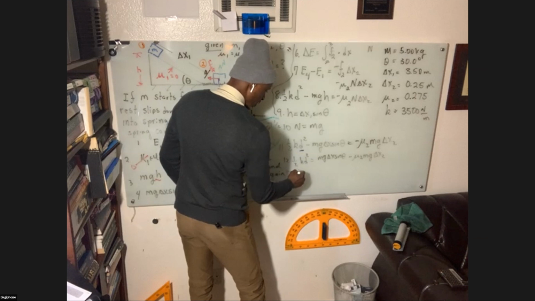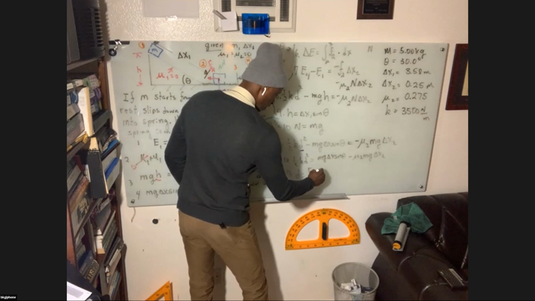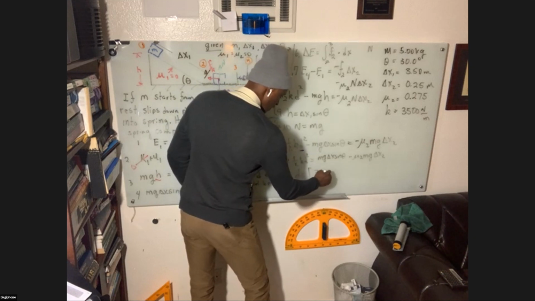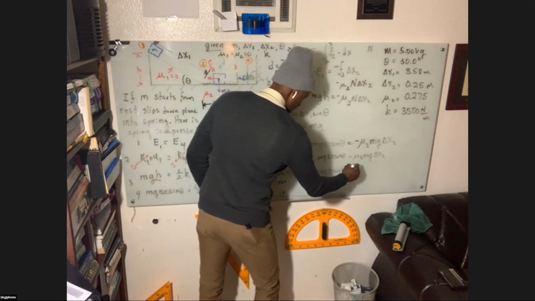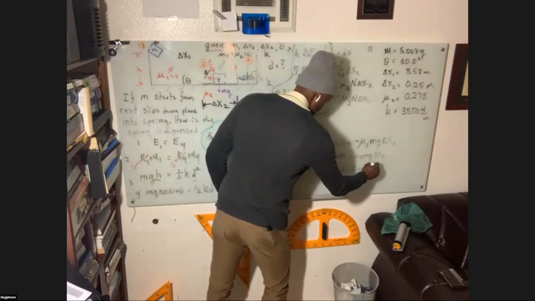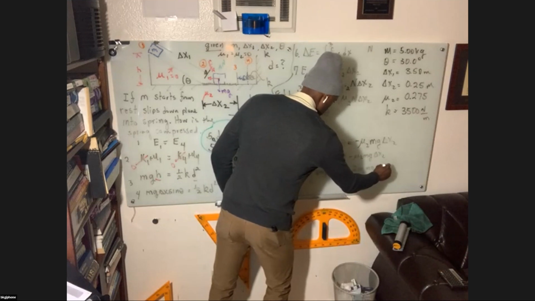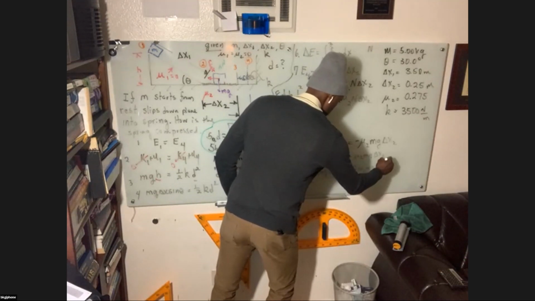So D is equal to, I have to take the square root, so it's 2 mg delta x sine theta minus 2 mu2 mg delta x2, all of that over k, to the square root.